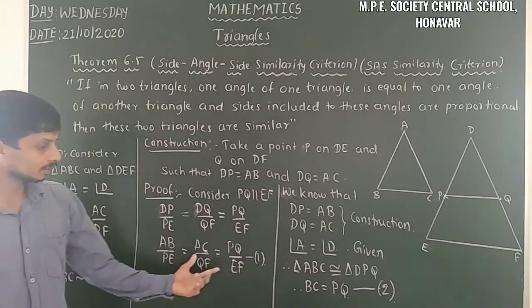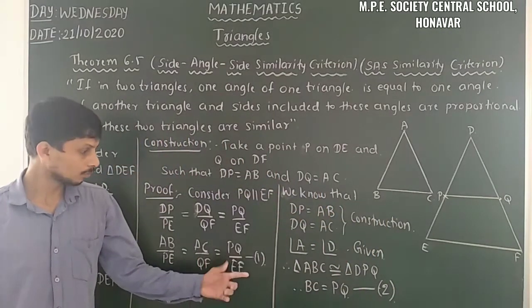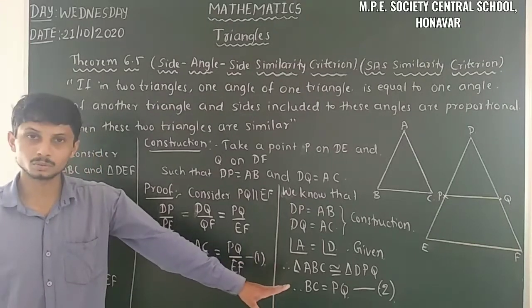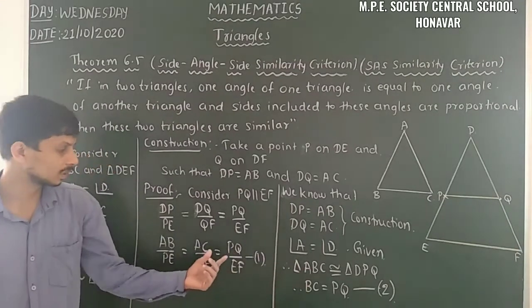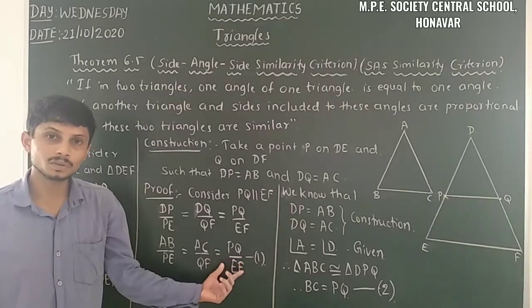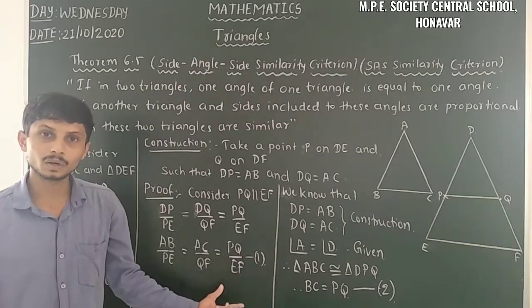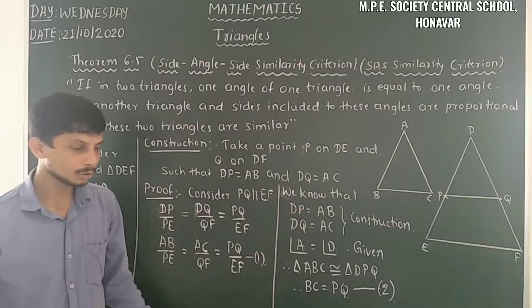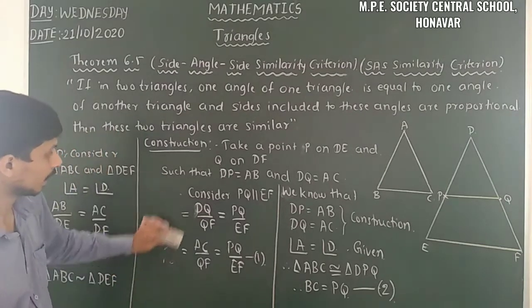So here we have equation 1 and equation 2. We have BC equal to PQ, so in place of PQ we insert BC.